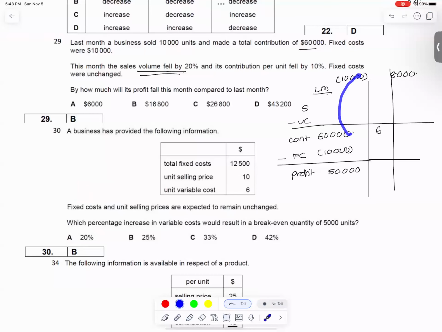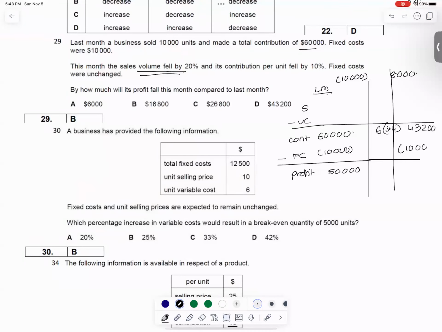So contribution per unit fell by 10%. So 6 into 90%. So it became 5.4. So total contribution will be 5.4 into 8,000, 43,200.